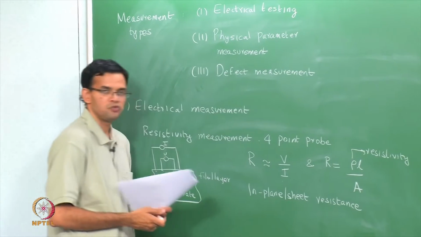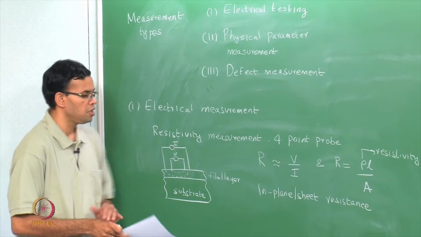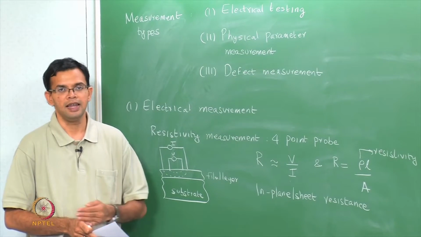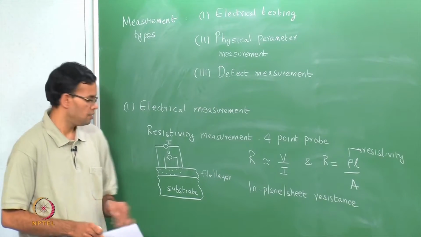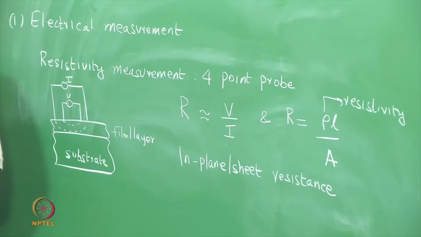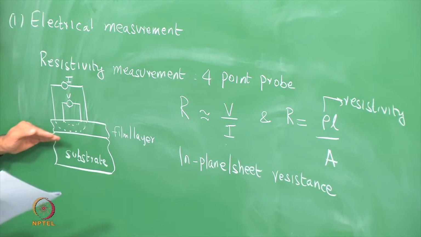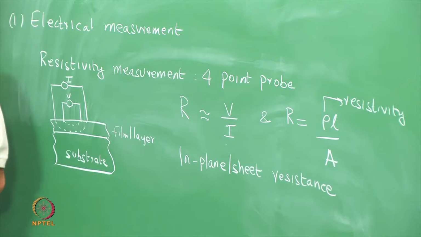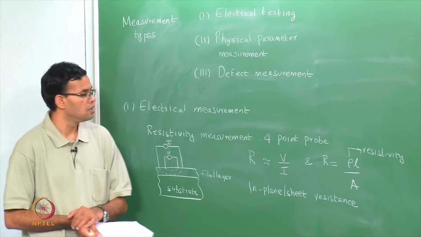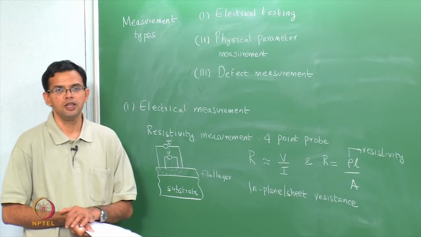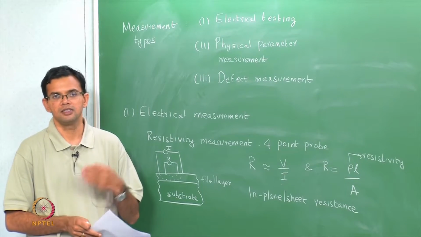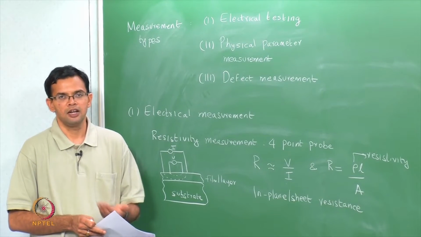And this process works if the resistivity of the film or the layer is lower than the resistivity of the substrate. So, this means most of the current passes through the film and does not pass through the substrate. So, a 4-point probe is usually used for measuring, say, the resistivity of thin films that are deposited.